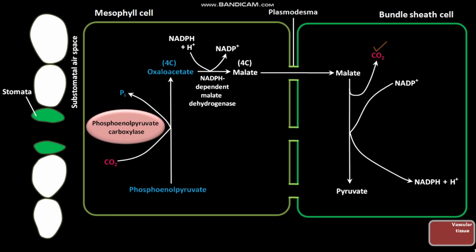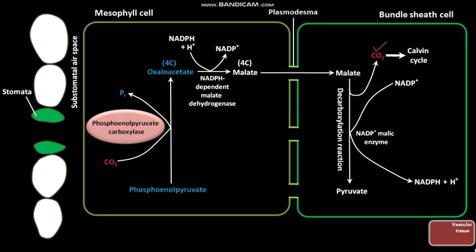This CO2 is produced in the chloroplast stroma. This reaction is catalyzed by NADP+ malic enzyme. As in this reaction CO2 is released, this reaction is called decarboxylation reaction. The CO2 released from this reaction then enters standard Calvin cycle.